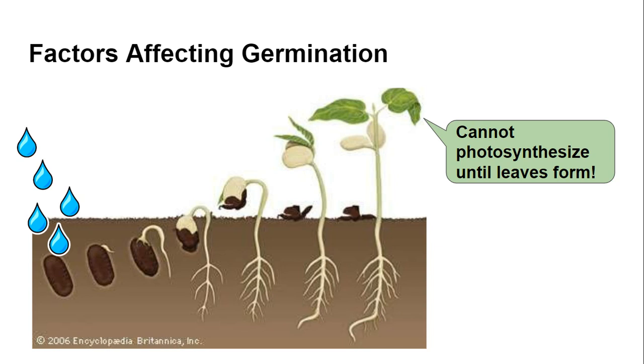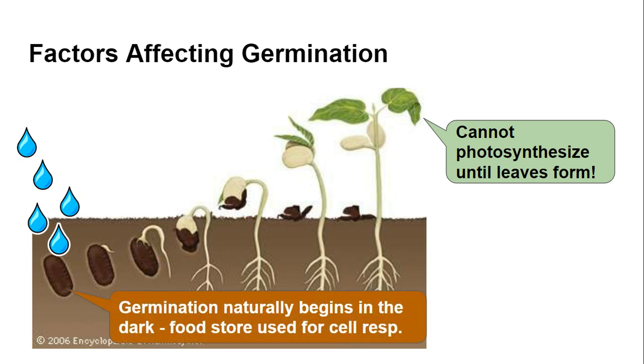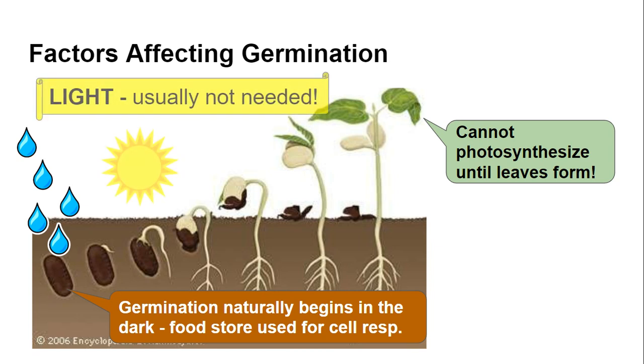Once it has a well-developed root system, it'll be able to absorb those things through the soil. But at this point, when a seed gets wet underground, for most plants, germination naturally begins in the dark. It's not making its own food yet. It's going to use that stored carbohydrates from the food storage for cellular respiration. And so for most plants, they don't need light for germination. There are some species that do, but most don't.